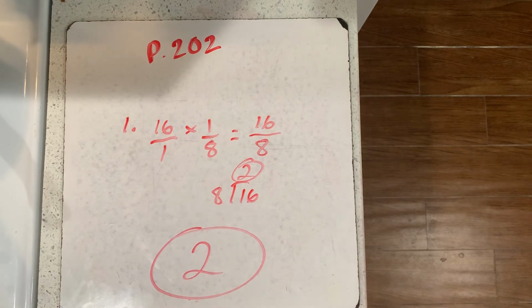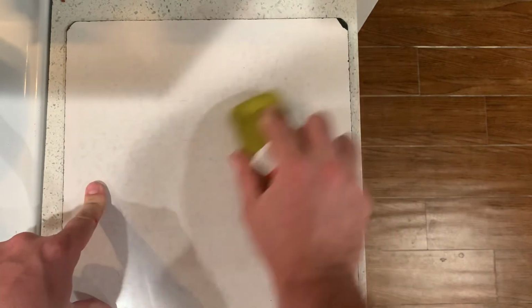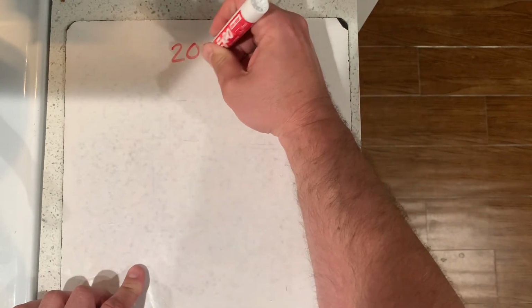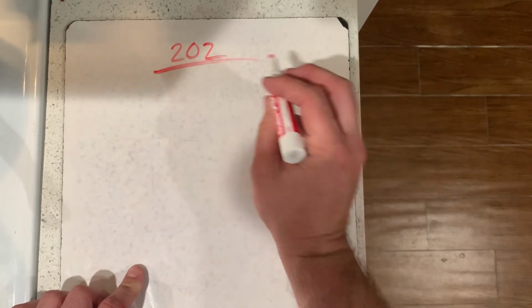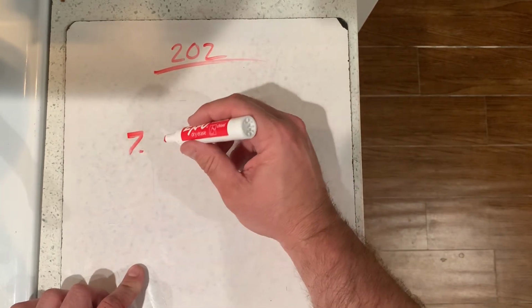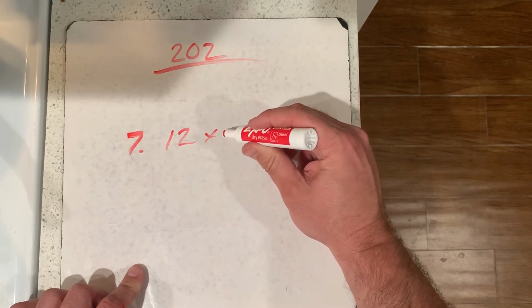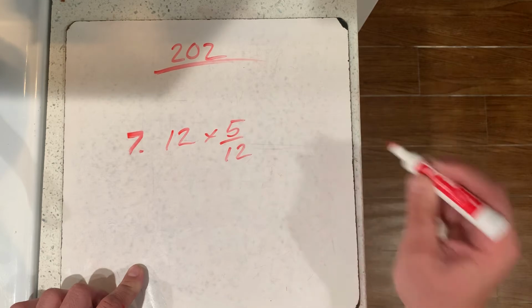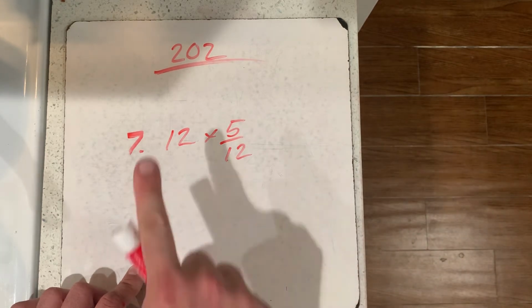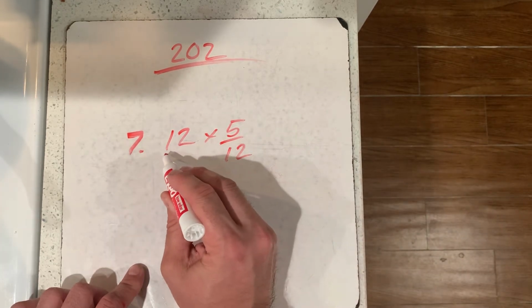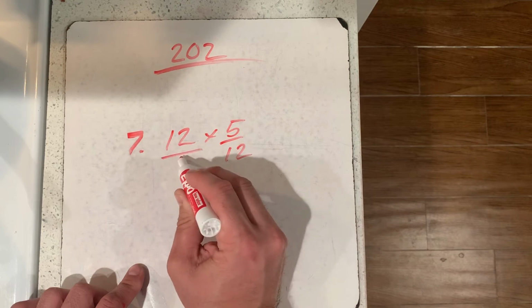If they get harder, they get bigger numbers and a little bit trickier. So we're going to try another one, also on page 202. We're going to look at number 7. Number 7 says 12 times 5/12. There's step 1: identify the whole number as 12, denominator of 1.